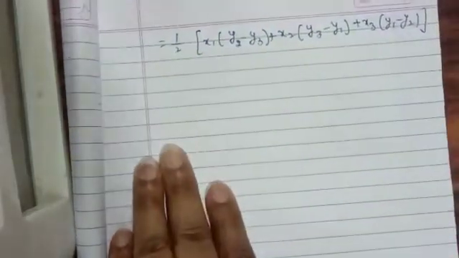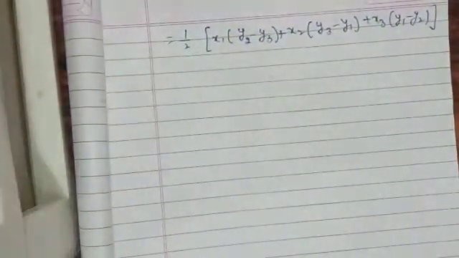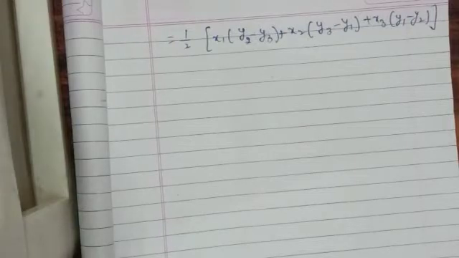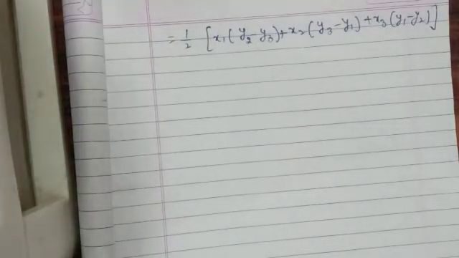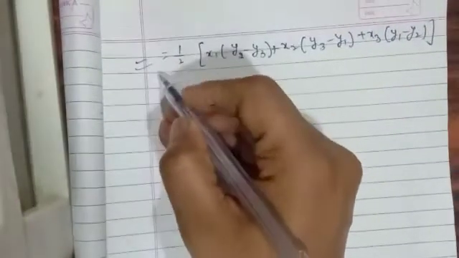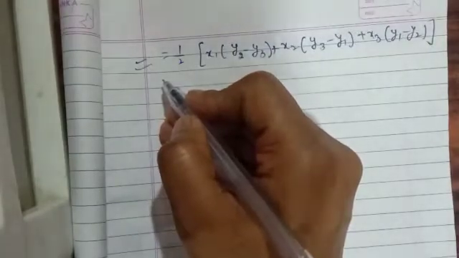So here is the derivation of the area of a triangle in the Cartesian plane with given 3 vertices. The coordinates of the 3 vertices are given already, so this formula you will use to find the area of a triangle in the Cartesian plane.